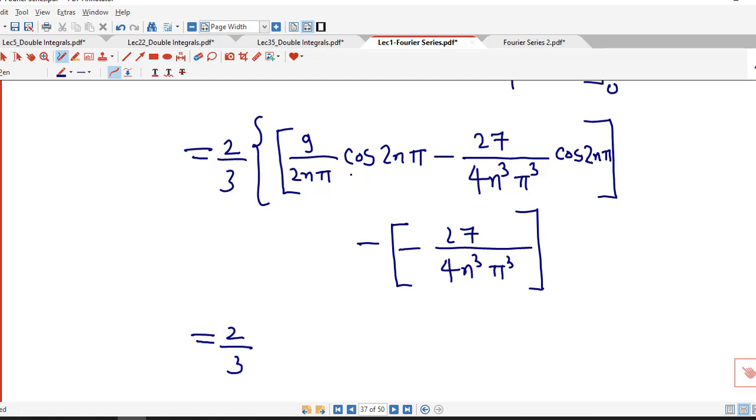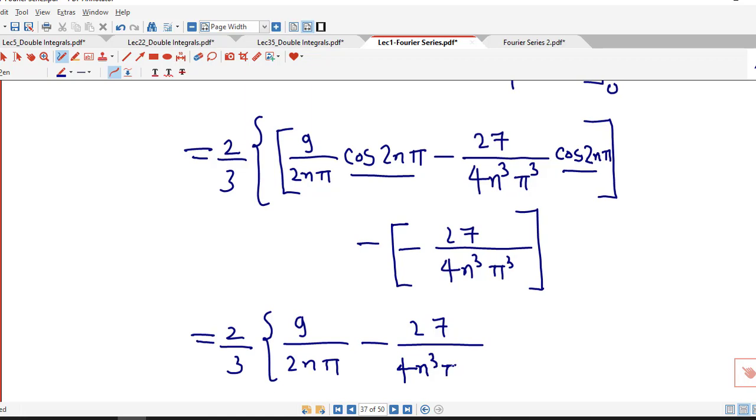We know that cos 2n pi is 1, and here we have 9 divided by 2n pi, because cos 2n pi is 1, we have minus 27 divided by 4n cube pi cube. This is negative positive, so we have 27 divided by 4n cube pi cube.